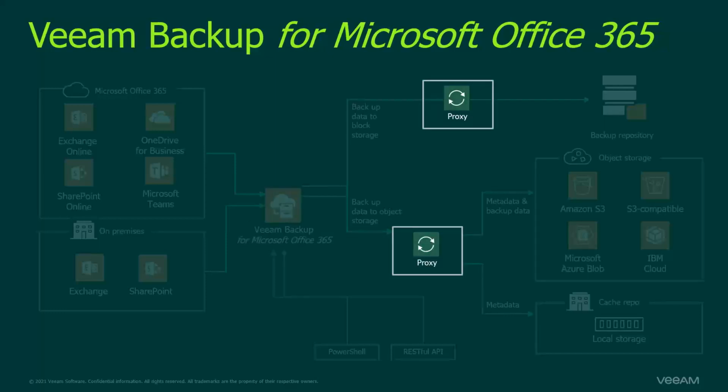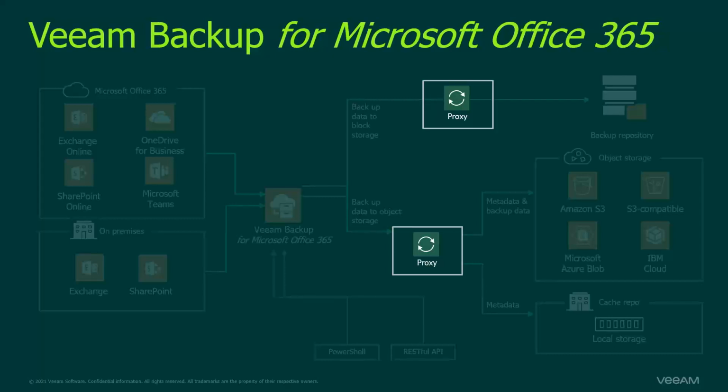And the next one, as I mentioned, is the proxy itself. The proxy is a service which communicates with Office 365, with our production data, obtaining data related to Exchange Online, SharePoint, OneDrive, Teams, and so on. Proxies are actually the muscle of the product. They take the data, they process the data, and they are capable of parallel processing. So it's pretty smart technology in the backend. And there are a lot of other smart things happening in the background through the proxy.